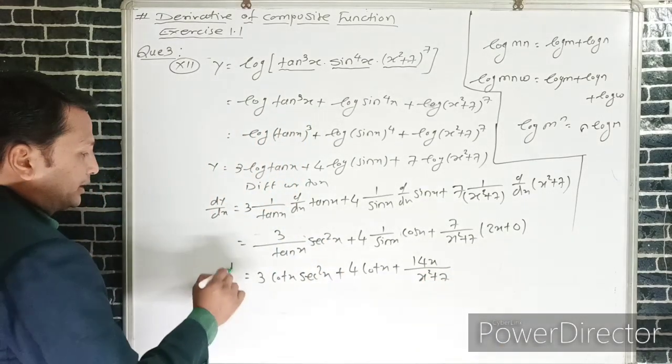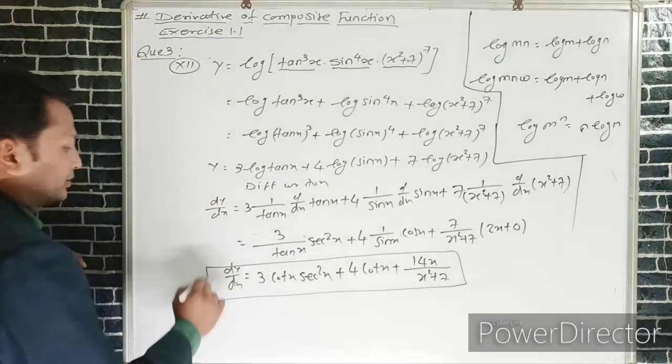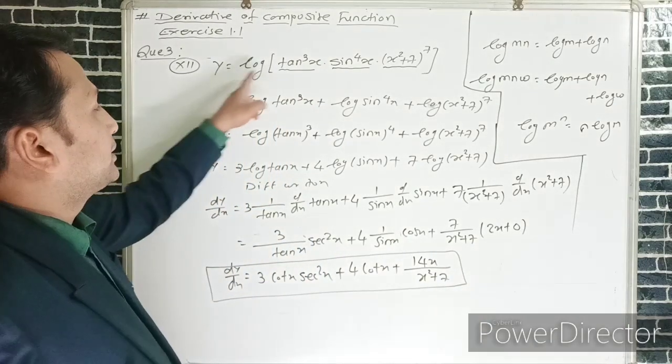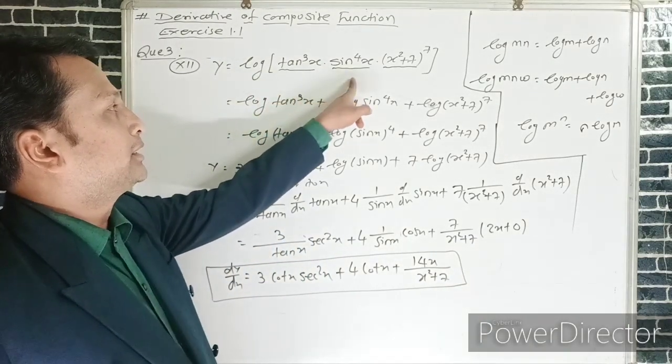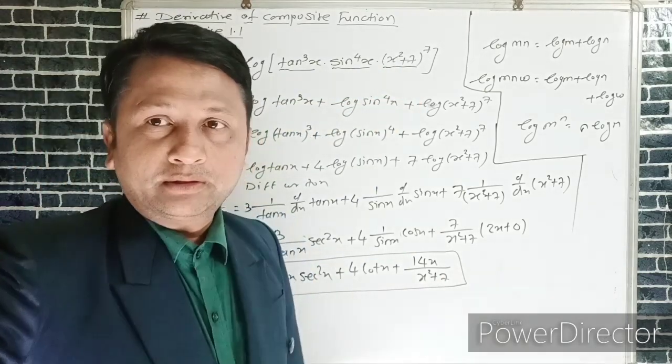This is the required derivative dy upon dx of the given first function, log of tan cube x into sin raised to the power 4x into (x squared plus 7) whole raised to the power 7.